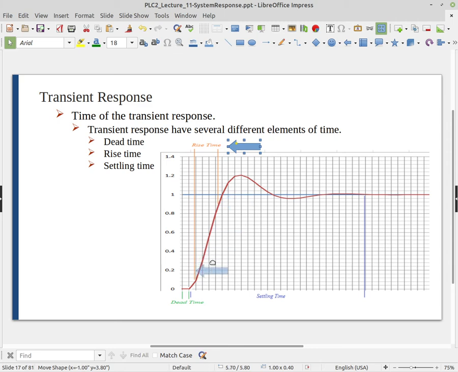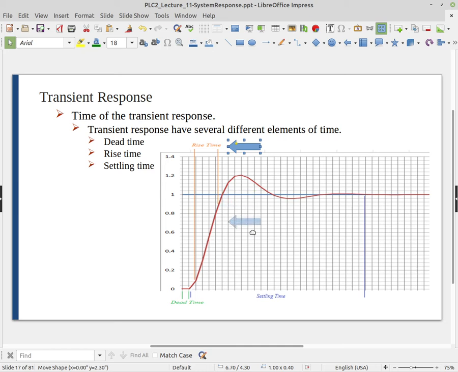So between 10% and 90% of the system's final value, not the set point, is the rise time. It tells us how fast the system responds to the change.